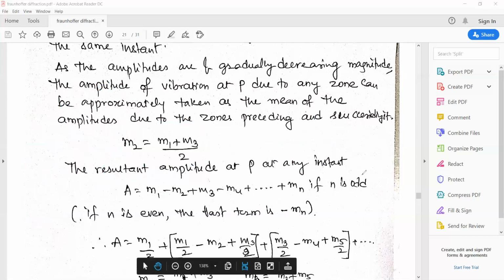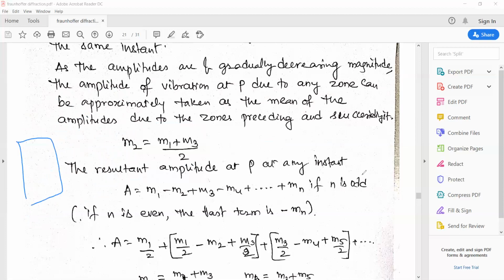Now the resultant amplitude at point P: due to the Fresnel half period zones at point P, due to the first zone, second zone, third zone, the resultant amplitude at point P will be... why am I finding amplitude? If you know the amplitude, you can easily find the intensity. So due to each of these Fresnel half period zones, what is the amplitude?